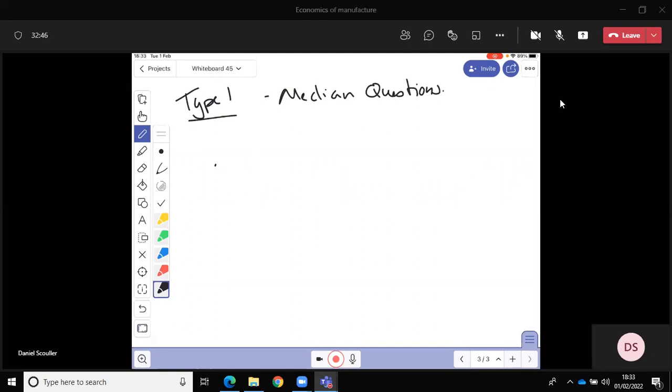Median. Okay, it's the middle number in a list of data.